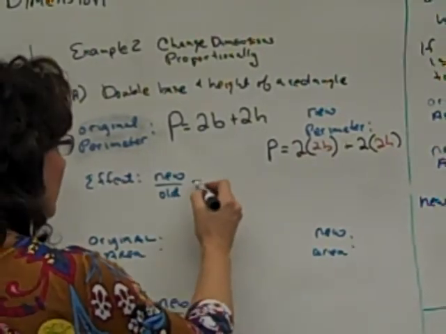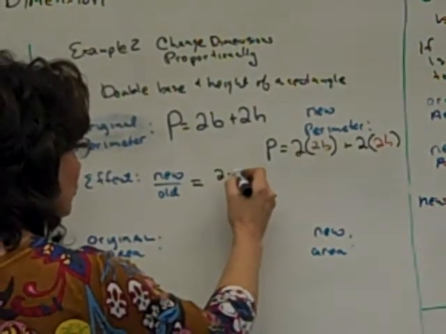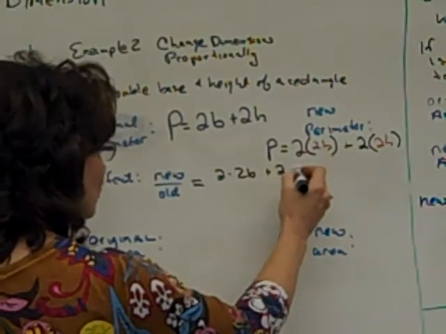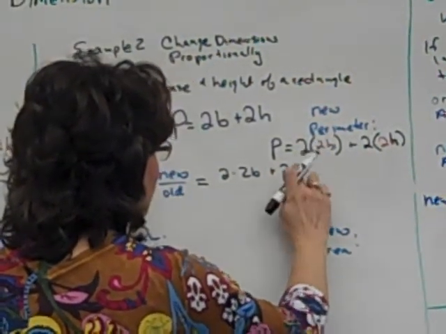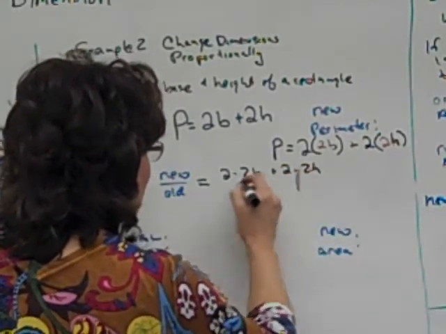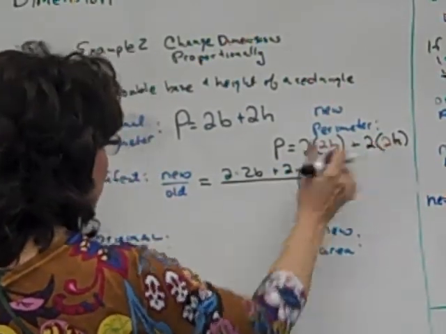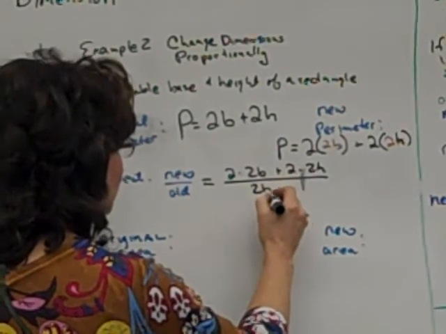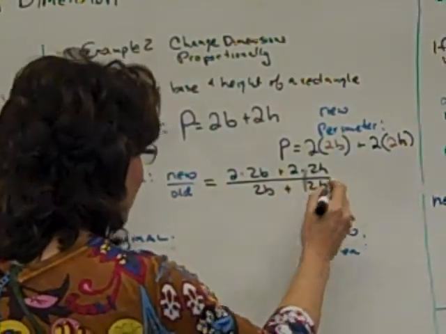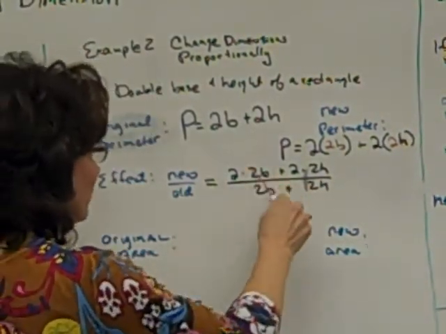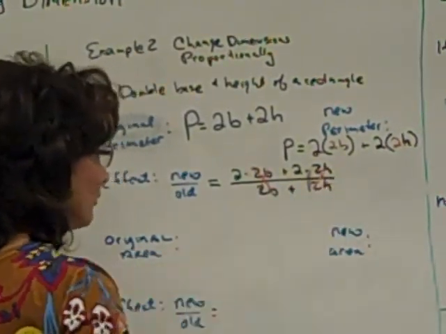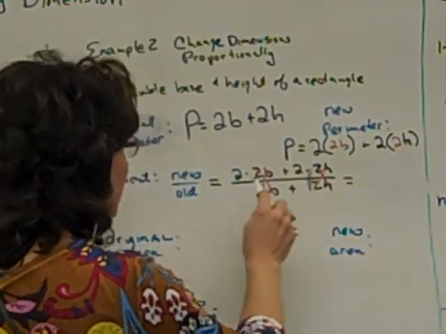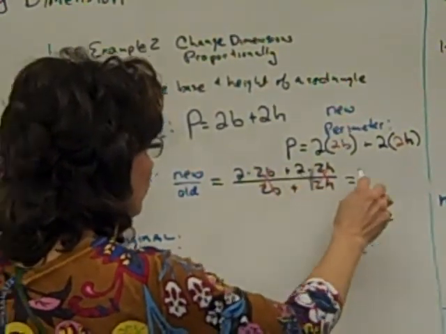Now, how's that going to affect the perimeter? Well, new over old, I've got 2 times 2b plus 2 times 2h, and that's the new perimeter, over the old perimeter, 2 times the base plus 2 times the height. 2 times the base over itself is 1, 2 times the height over itself equals 1, and I'm left with 2 plus 2.